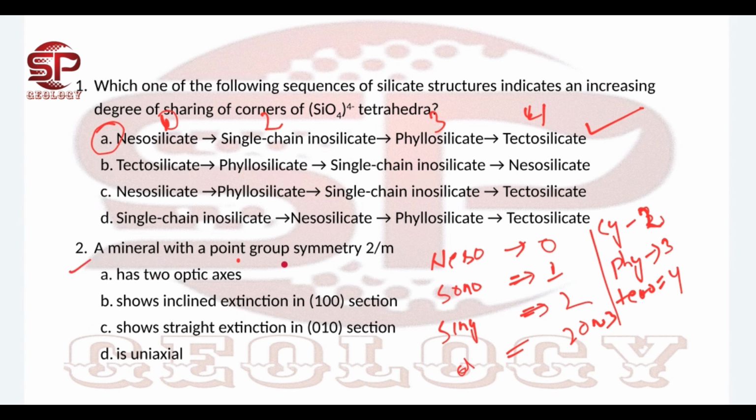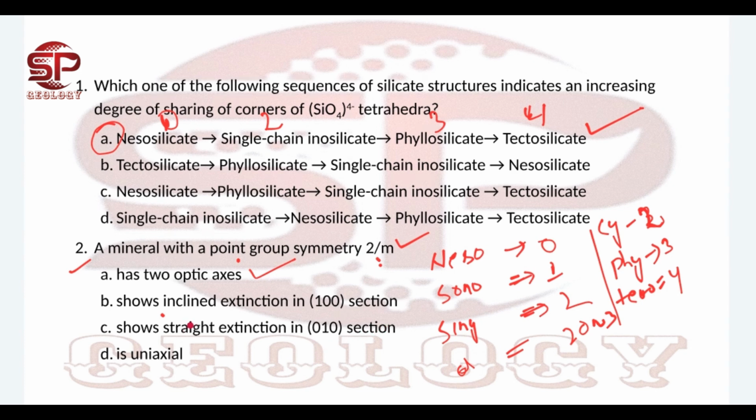Then mineral with point group symmetry 2/m. It belongs to the prismatic class of the monoclinic system. So as it is a monoclinic system, it will have two optic axes. It shows inclined extinction in one section and straight extinction in the other section.